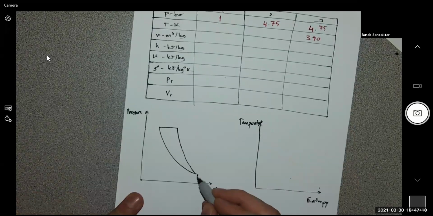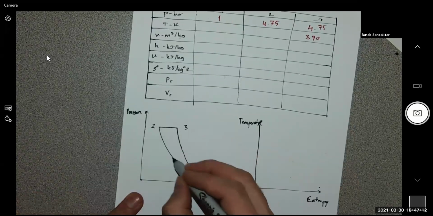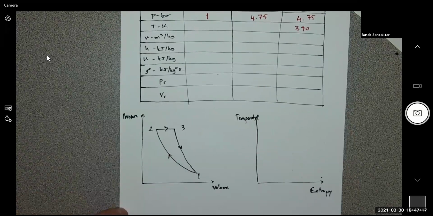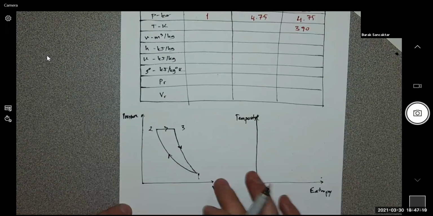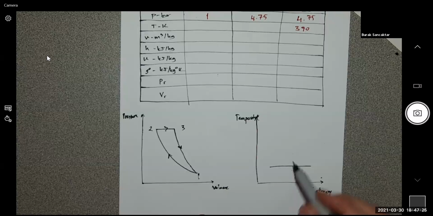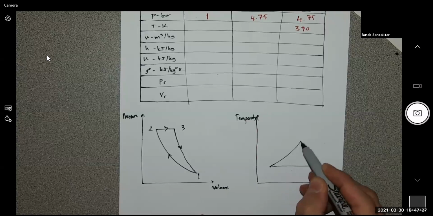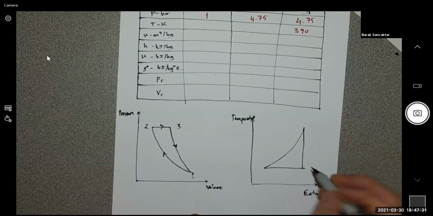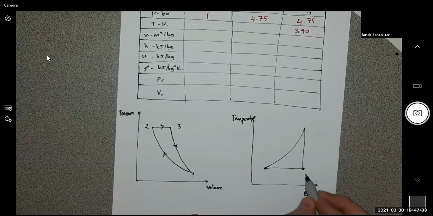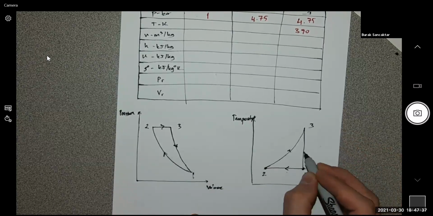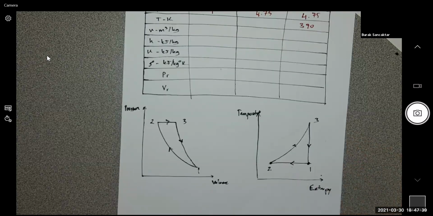Okay? State 1, state 2, state 3. TS diagram, state 1 to state 2 is isothermal, state 2 to state 3, isobaric, and state 3 to state 1 is isentropic. 1, 2, 3.